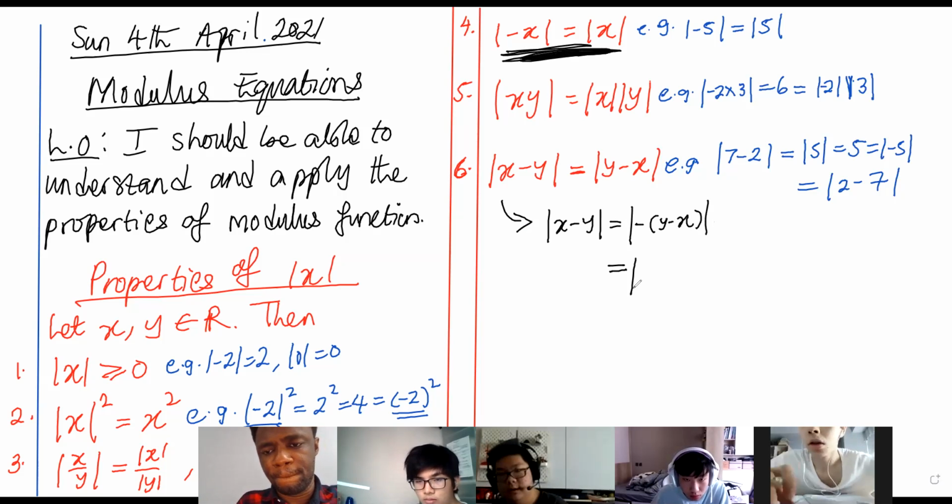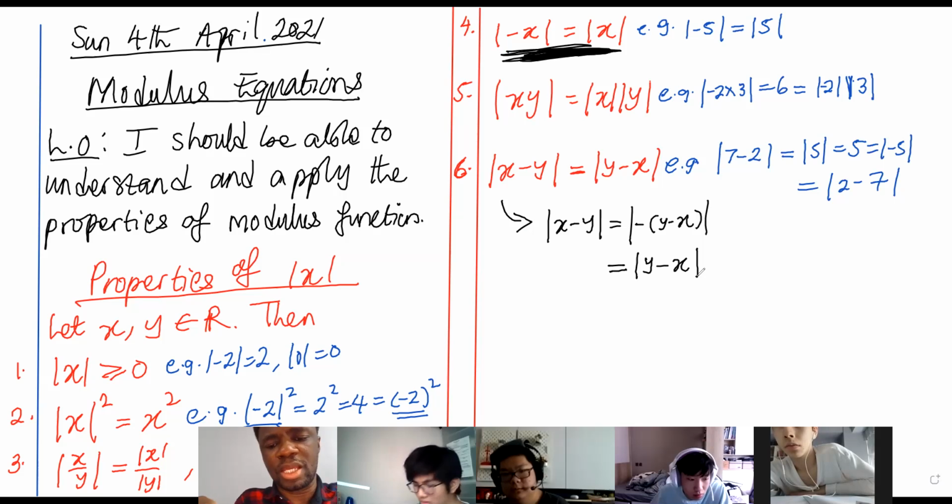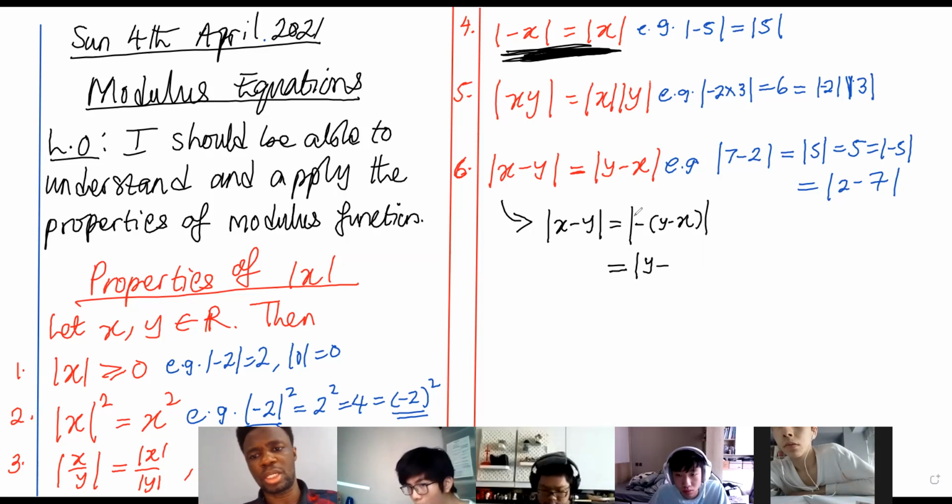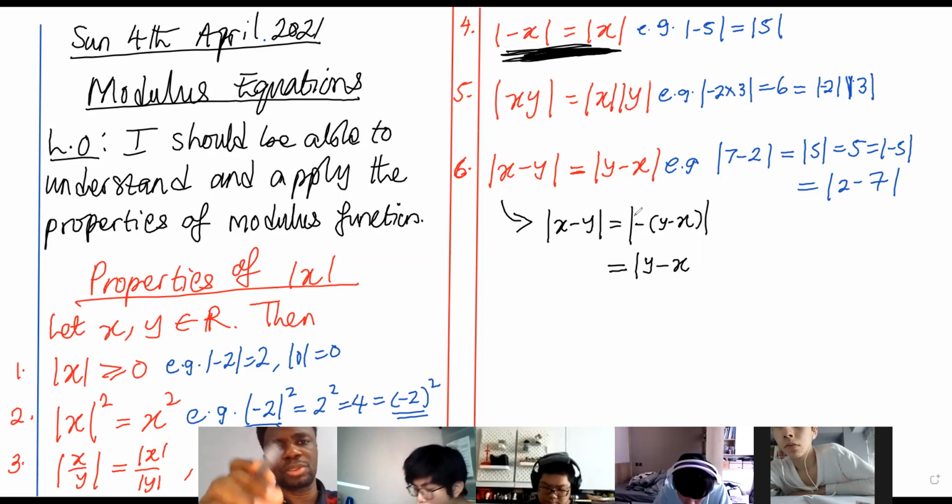The negative of the... I'm using minus this y. Now what will I write next? The absolute value of y minus x. Thank you, Yanko. This property is saying it is the same thing if you remove the minus. All I need you to do is remove this minus. So you can explain it using that property.